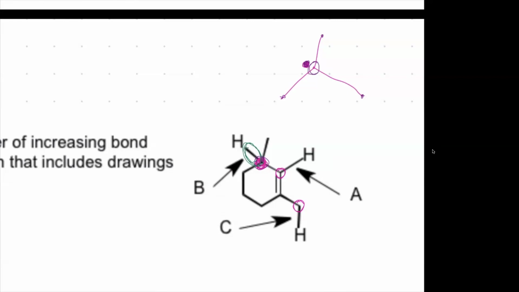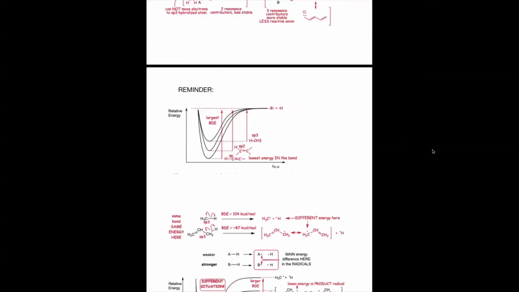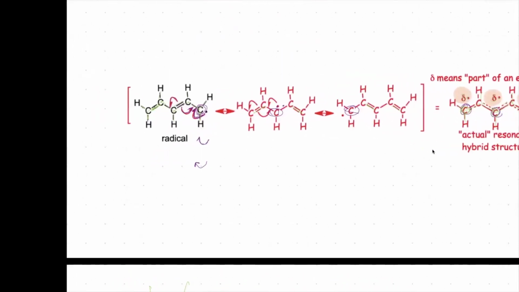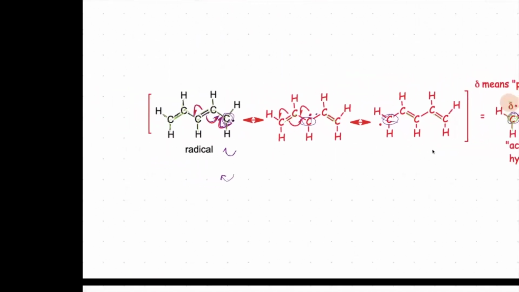So that's what I was saying up here, I'm going to go back up to the notes I was making before. Let me erase all my nonsense. So we've got this radical here.